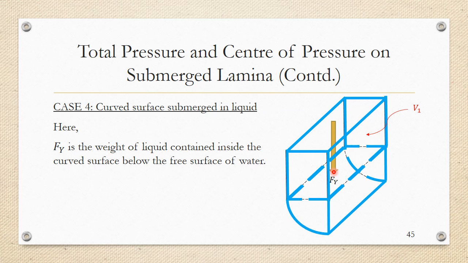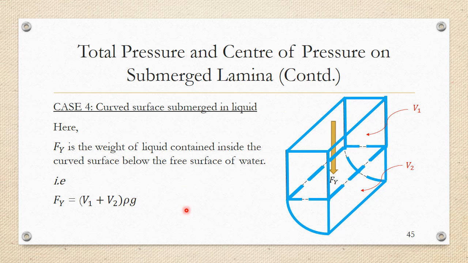I am also going to calculate this volume, let this be V2. So the total volume of this particular figure is V1 plus V2, and the force Fy is given by V1 plus V2 into density into G. That is, volume into density into G is nothing but mg, which is equal to weight. So weight of the fluid acting in the downward direction below the free surface above the curved surface is giving you Fy. So all you need to do is calculate the weight of the fluid contained inside the curved surface, and it will give you the value of Fy.